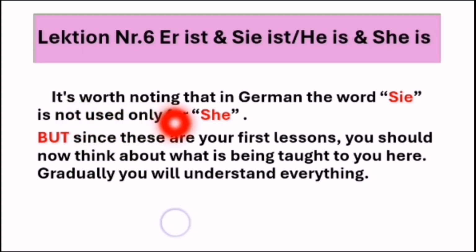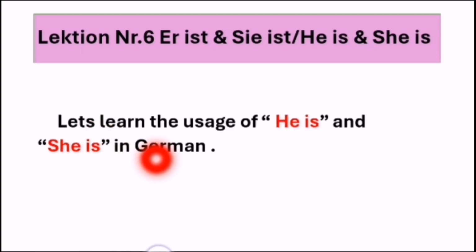So it is worth noting that in German the word sie is not used only for she. But since these are your first lessons, you should now think about what is being taught to you here. Gradually, you will understand everything in German language. So let's learn the usage of he is and she is in German.